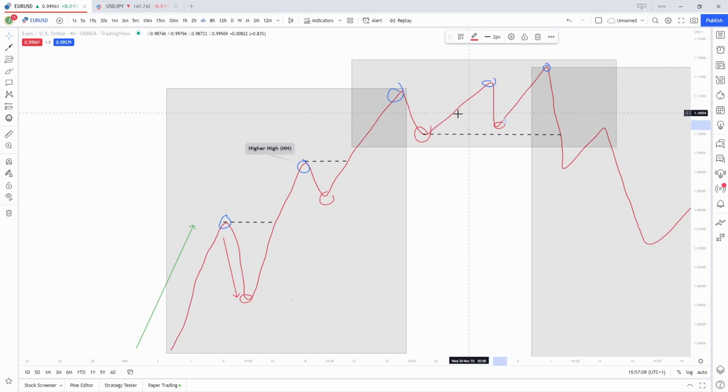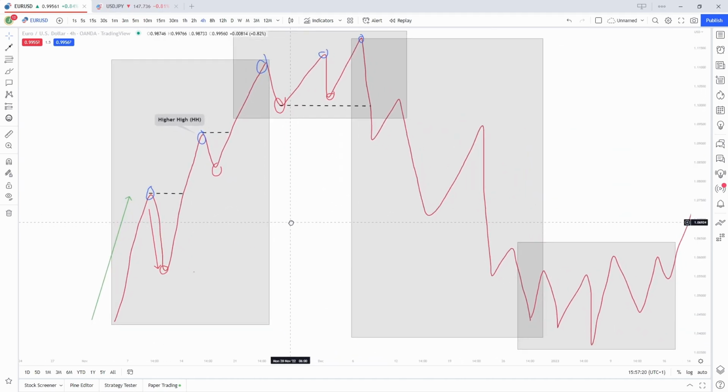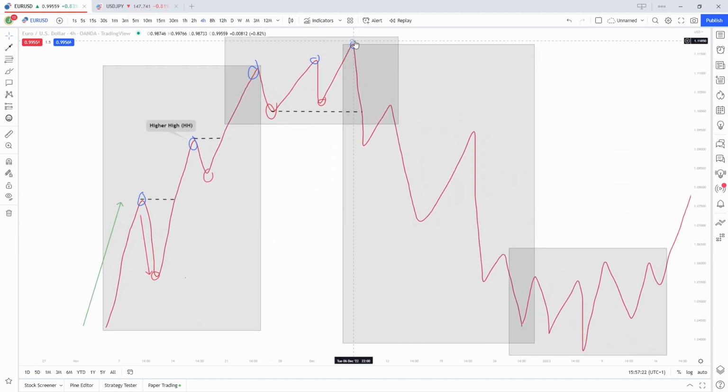So in that case, when we see a protected low broken, rather than this move lower being a correctional wave, it is actually the first impulsive wave of bearishness or a downtrend. So in a downtrend, every move down is our impulsive wave. So we go impulse, correction, impulse, correction, impulse, correction, impulse.